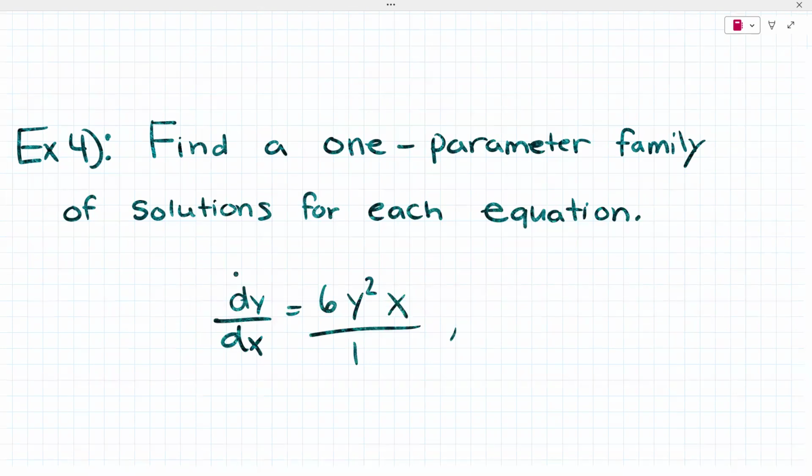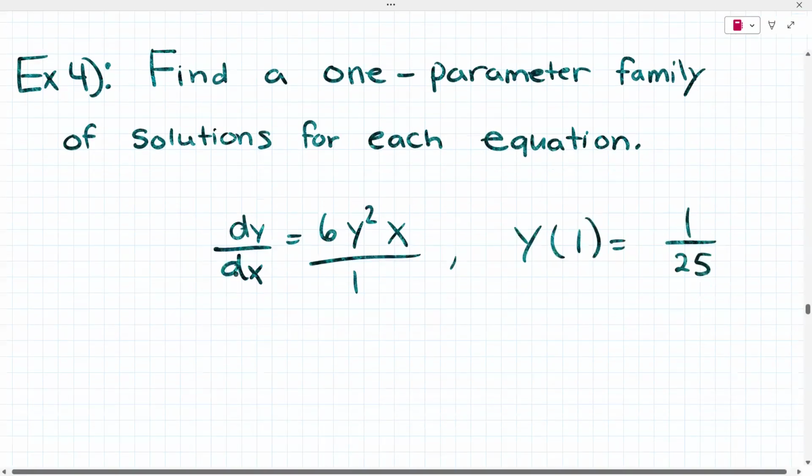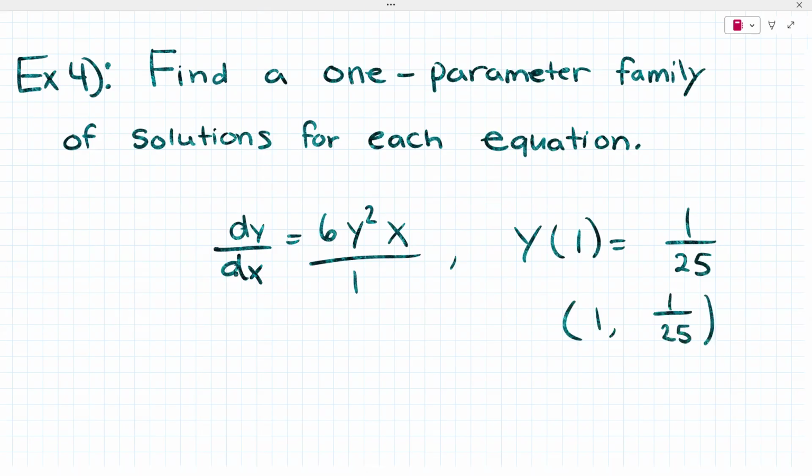And they actually give you an initial condition. Our initial condition is y(1) equals 1 over 25, right? So you could think of this as a coordinate if you like. 1 is your x, your y is 1 over 25.